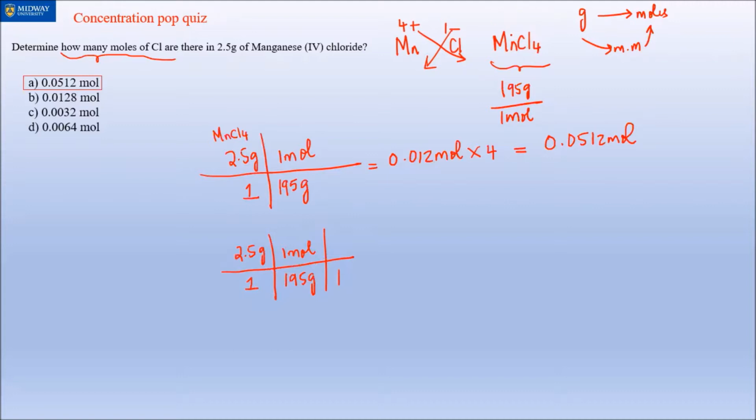It's 1 compound, so it's 1, and the ratio is 1 to 4. For every 1 MnCl4, you've got 4 Cl. That's what it means. That's how I get the 1 to 4, and you'll still get the same answer. You pick and choose which method works best for you, because there is a concentration problem that we will learn that will involve this concept.